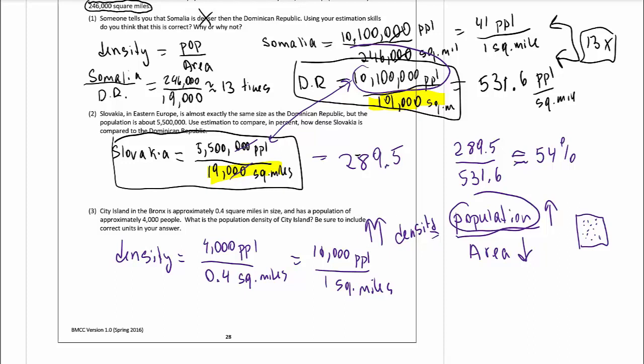All right, let's review. Well, you might have said, it doesn't really make sense because how can it be 10,000 per 1 square mile when it only has 0.4 square miles of space? You have 10,000 people in 1 square mile, but this place has only 4,000 people.